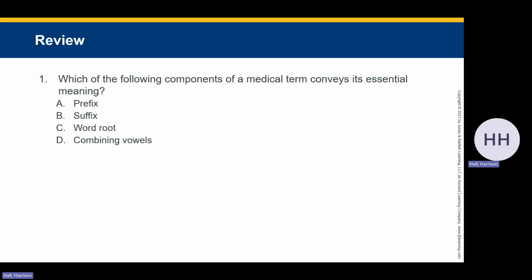All right, so we can come through here and review, but I'll give you some examples of some abbreviations. So we have HTN, that is hypertension.